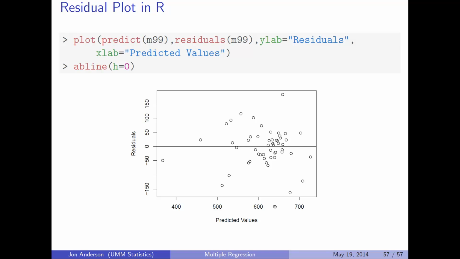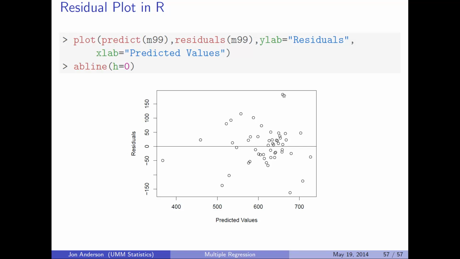And what you're hoping for is random scatter above and below 0 for the residuals without any particular patterns. And so here's the coding for predict on the horizontal axis, residuals for a model on the vertical axis, and you can see they basically evenly scatter around 0, suggesting no real problems with this particular model.